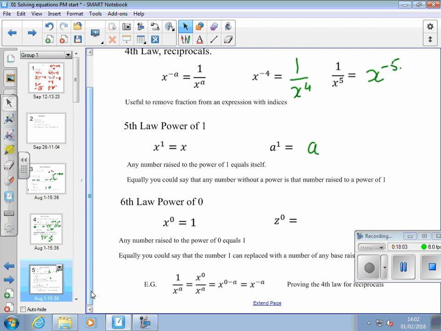And that will later on become useful in helping us to understand why some of the things work the way they do in mathematics. Being able to write the number 1 as any number to the power 0.